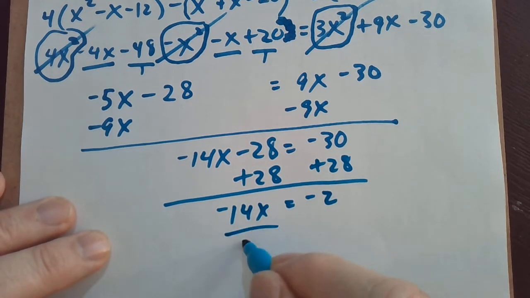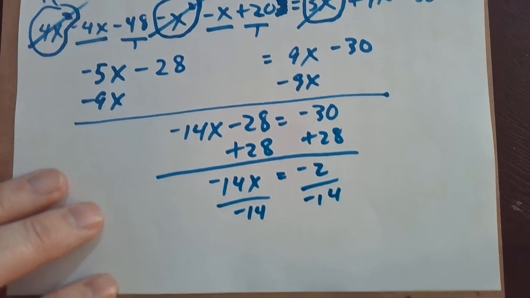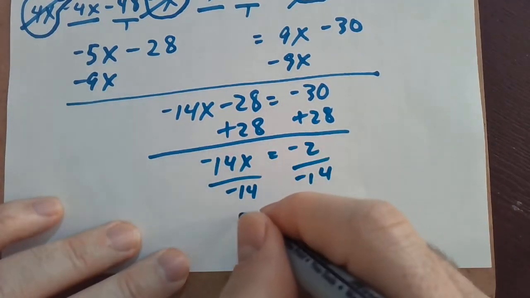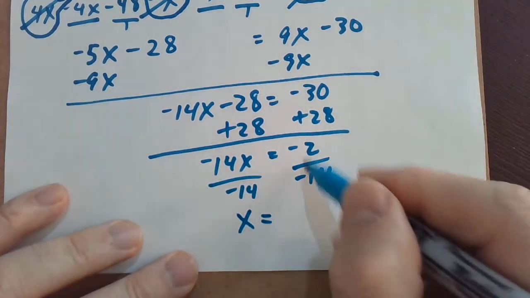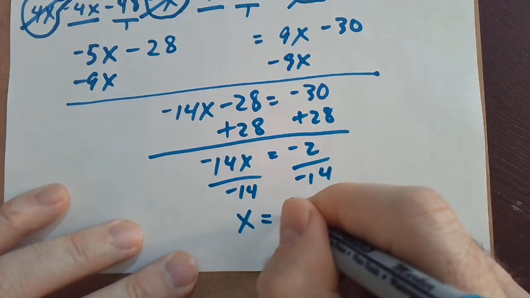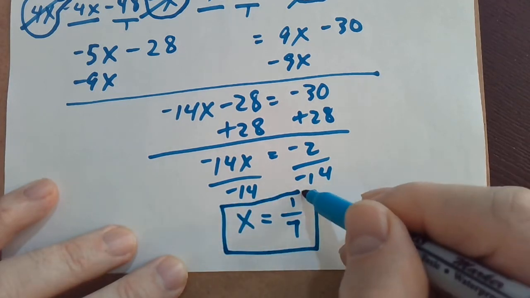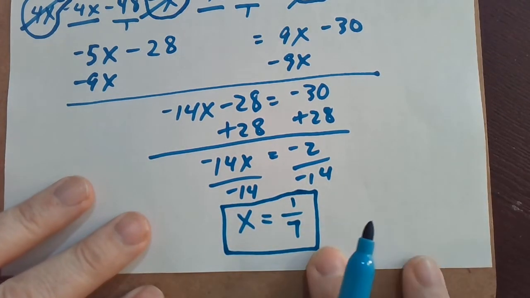So divide both sides by negative 14 to get x by itself. And that cancels to give us x equals, well, negative and negative cancel out. And then 2 over 14 is 1 over 7. So we believe that's the solution.